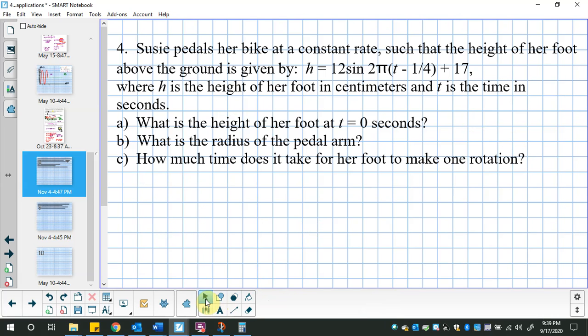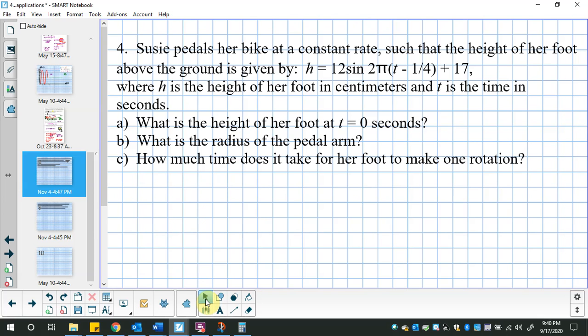Here we go. Susie pedals her bike at a constant rate, such that the height of her foot above the ground is given by the formula h instead of y. So h equals 12 sine 2 pi bracket t minus a quarter plus 17.